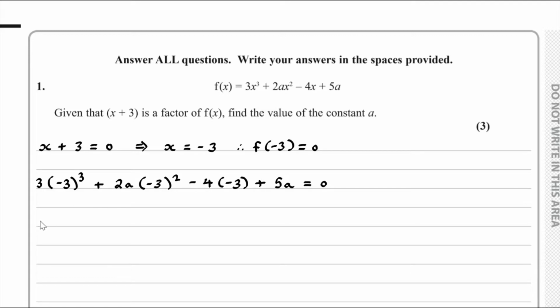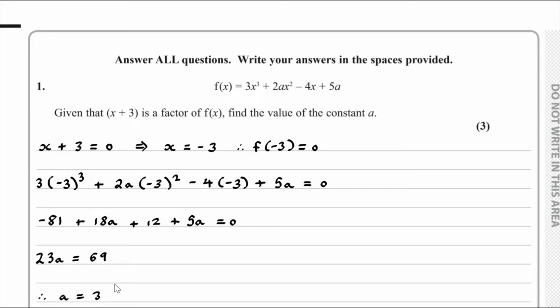So here we have minus 81 plus 18a plus 12 plus 5a equals 0. We see that 23a is equal to 69, and therefore a is equal to 3.